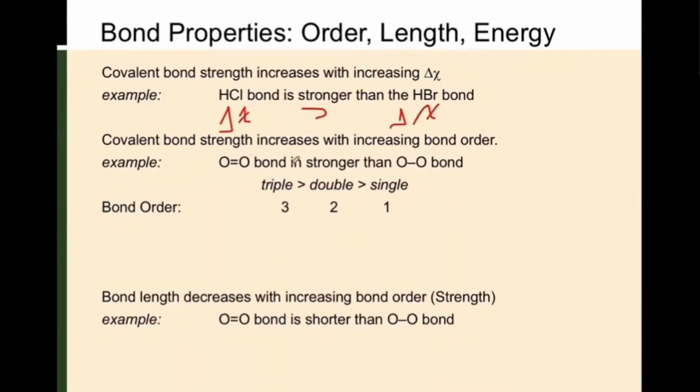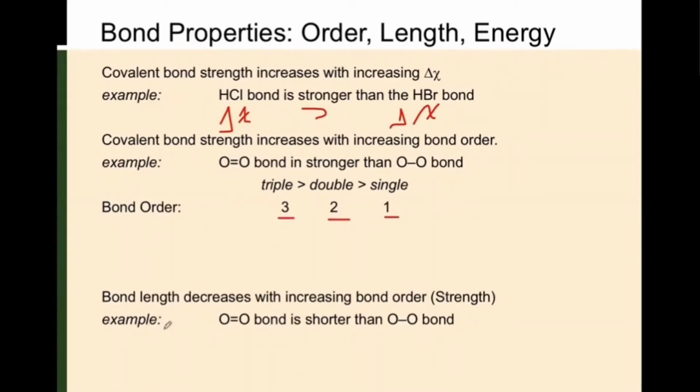Covalent bond strength increases with increasing bond order. For example, O double bond O is stronger than O single bond. So going from triple to double to single, that's how the bond strength changes.